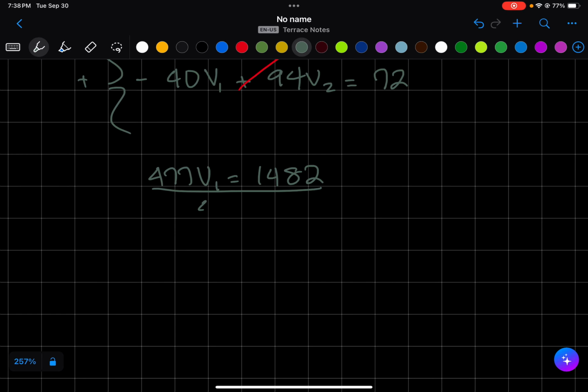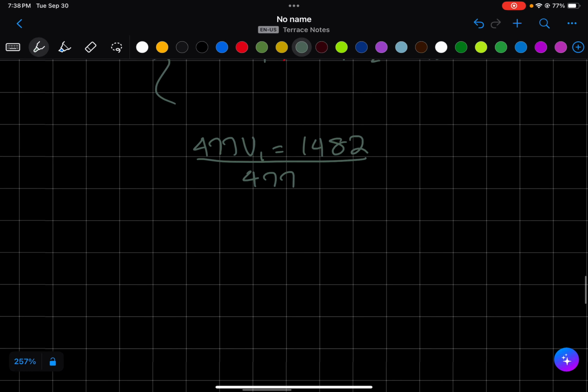Then we divide both sides by 477 to get our v1 alone. That gives us roughly 3.107 volts.